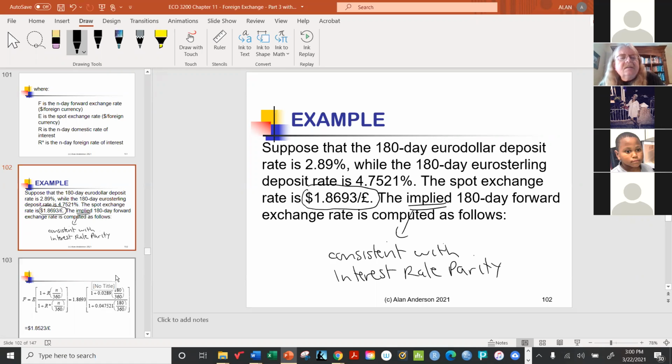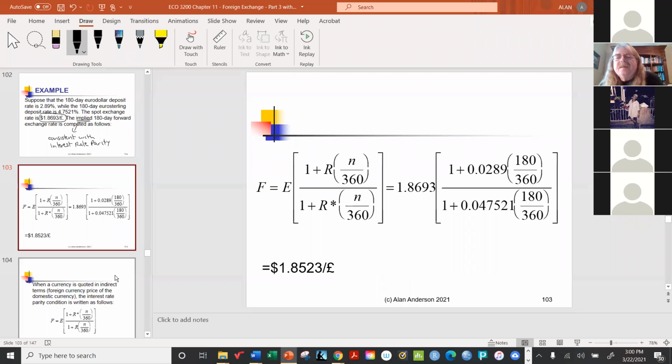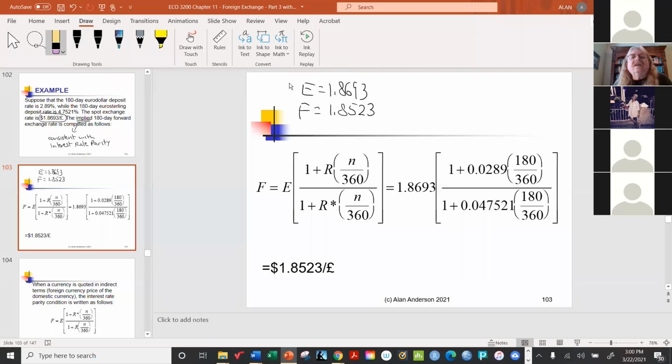All right, so we plug in some numbers and this is what we get. So if you noticed, the spot exchange rate was 186.93. The forward exchange rate is lower than that. So that means because we're waiting 180 days to take delivery of these pounds, it's actually getting cheaper to buy those pounds as we look further and further into the future.